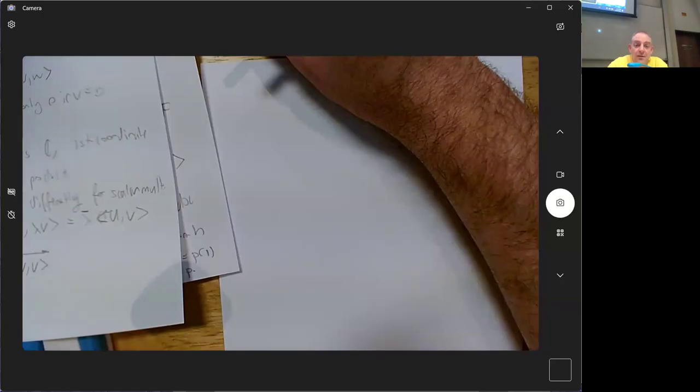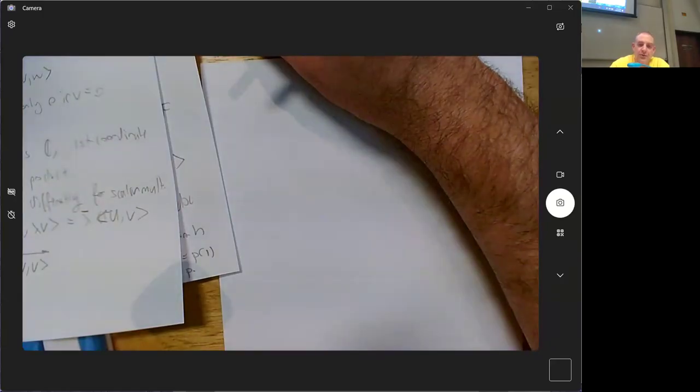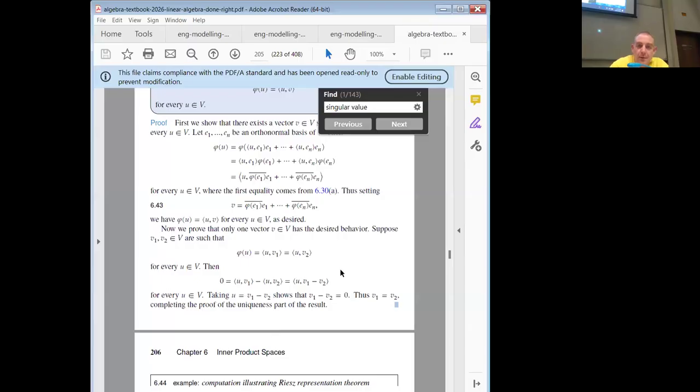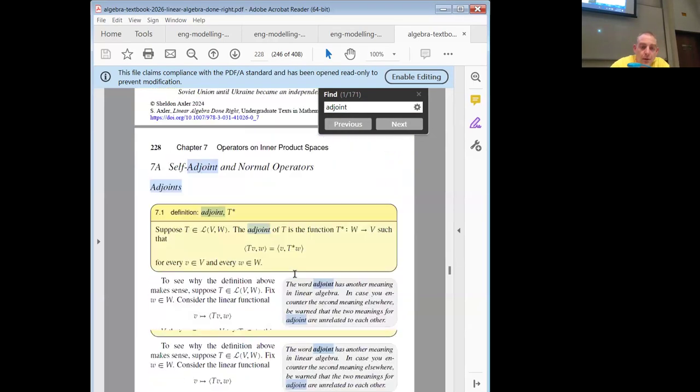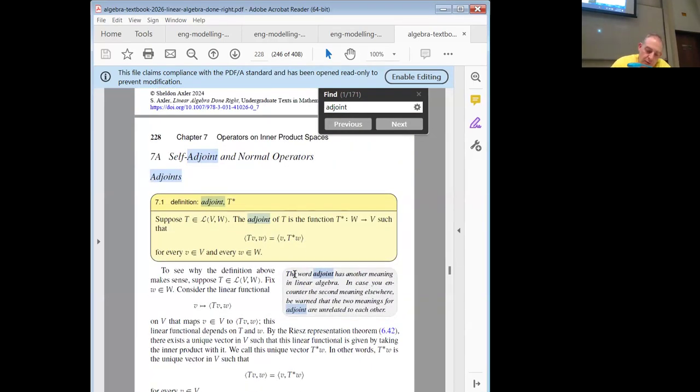So, can I understand singular value decomposition yet? We needed an adjoint, didn't we? So, adjoint.